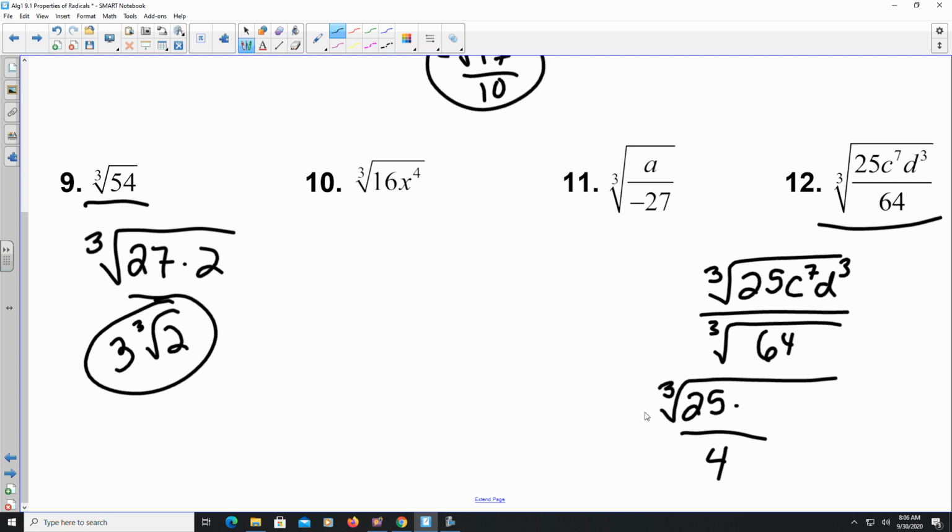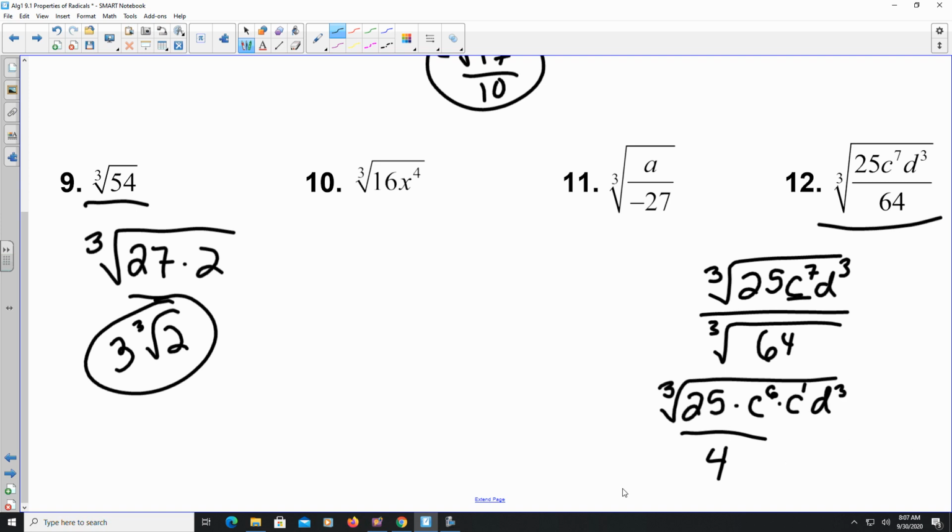But now I'm going to look at this c to the 7th. I'm going to break that up into two values. It's going to be c to the 6th times c. The reason I did that is 6 is divisible by 3, and c to the 6th times c to the 1st is c to the 7th. And d to the 3rd is already divisible by 3, so I don't have to break that up, so I just leave it as d to the 3rd.